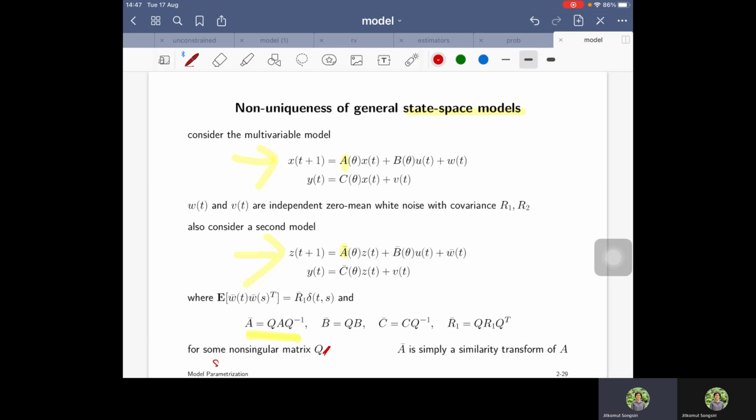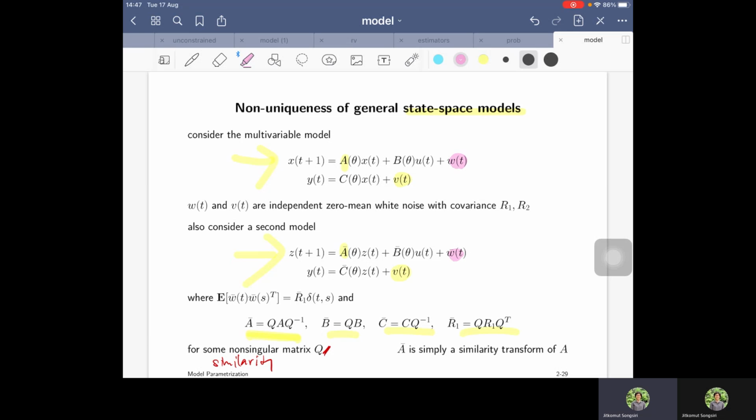The matrix Q is some invertible matrix. You can just work it out. This is not too hard. The output equation and the measurement noise are the same, but the state equations are different. The process noises are also different.